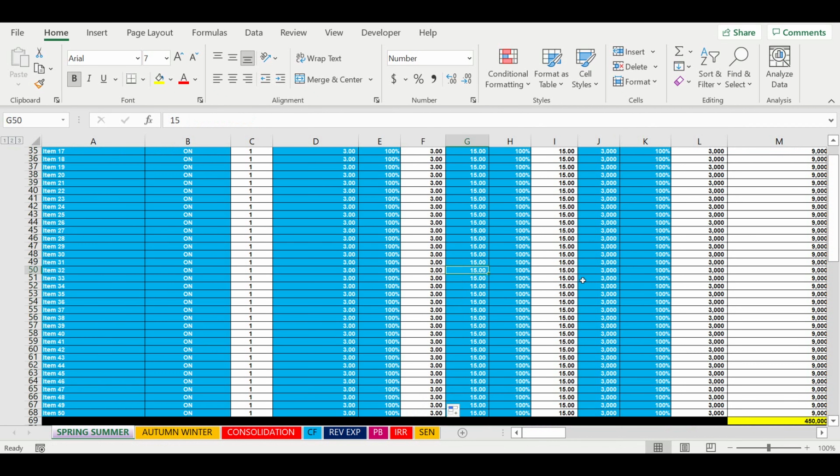So now we just extrapolate this formula from top to bottom. Here we can see how our coefficient for sensitivity analysis is added to this formula.